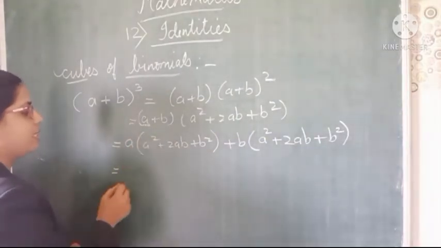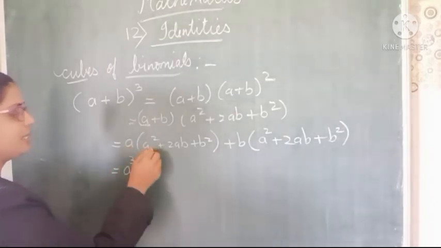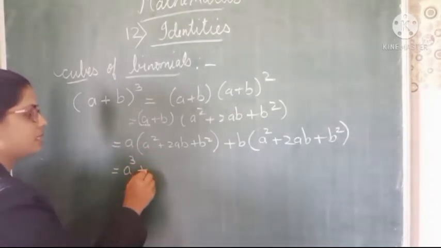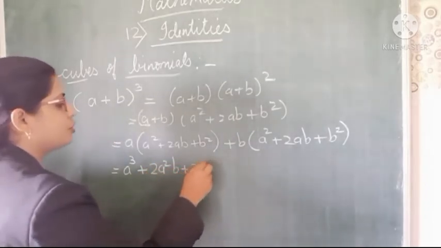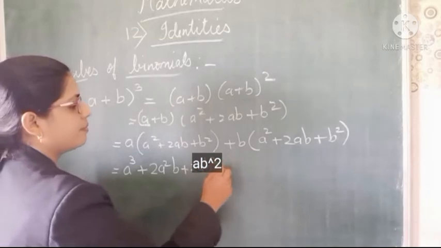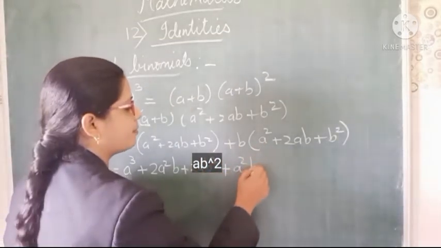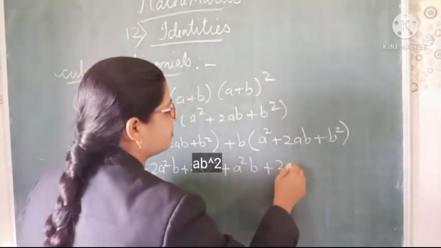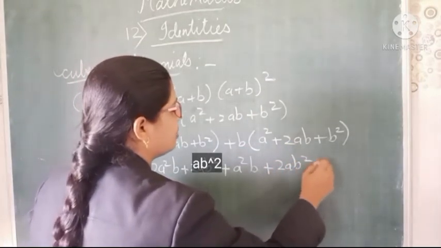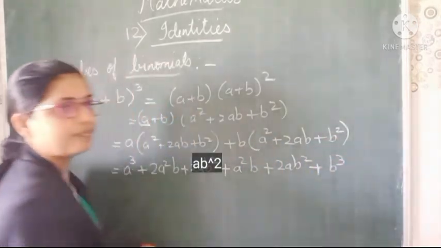A into a square will be a cube, plus 2a square b, plus 2ab square, plus a square into b will be a square b, plus 2ab square, plus b square into b is b cube.